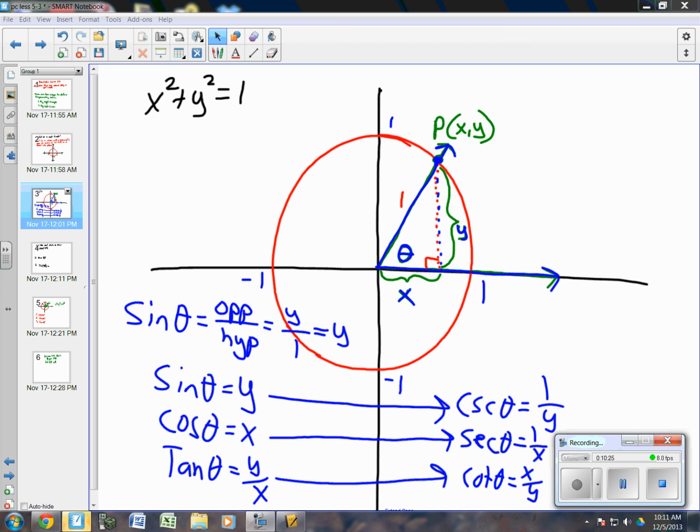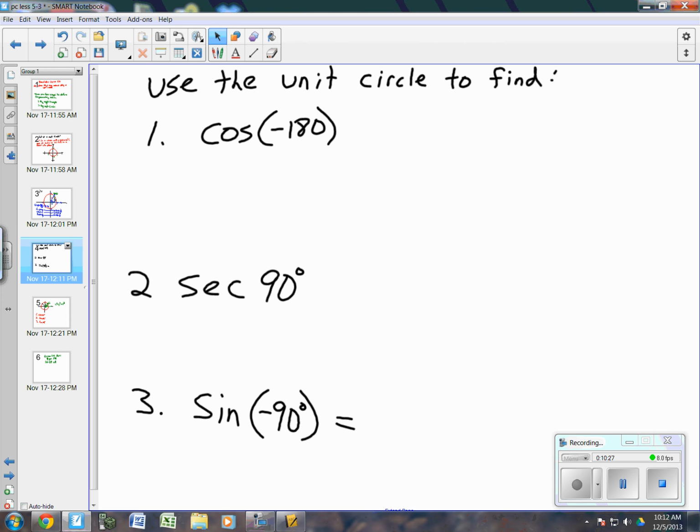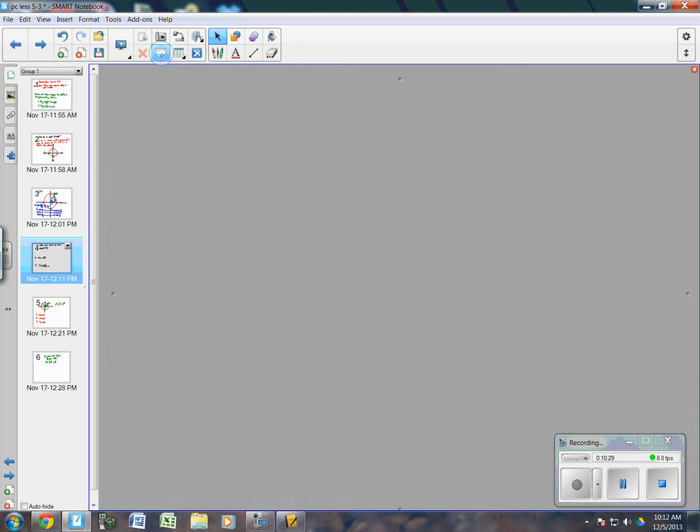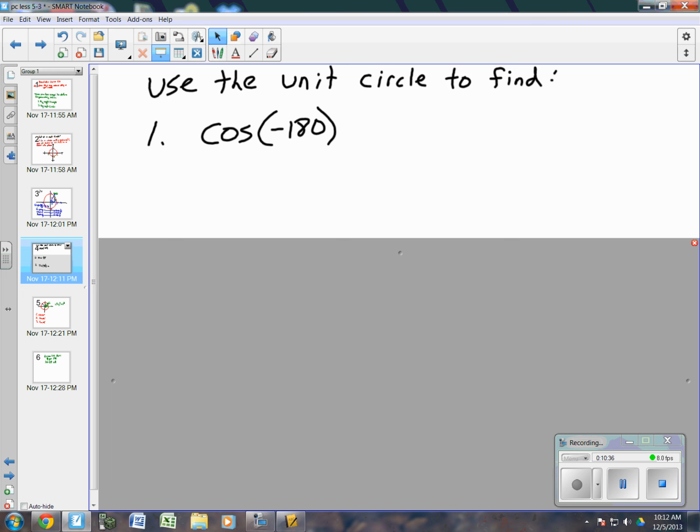Okay, sorry. All right, you guys, I'm going to start with this one right here. I want you guys to find the cosine of negative 180 degrees in your group. Go. Okay, what do you guys think number one is? Does everybody get negative 1?